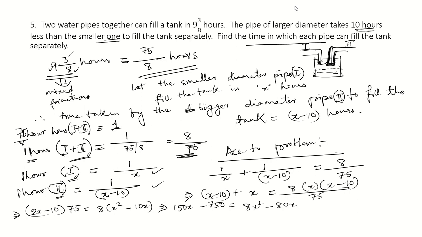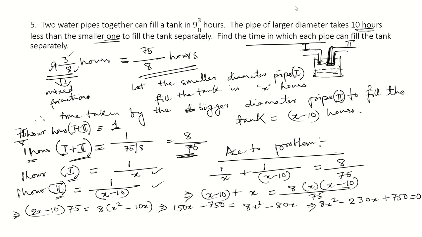So you see, we can divide all sides by 2, but before that let's bring everything to one side. It's 8x squared, and with 150x on the other side, we get minus 230x plus 750 equals 0.